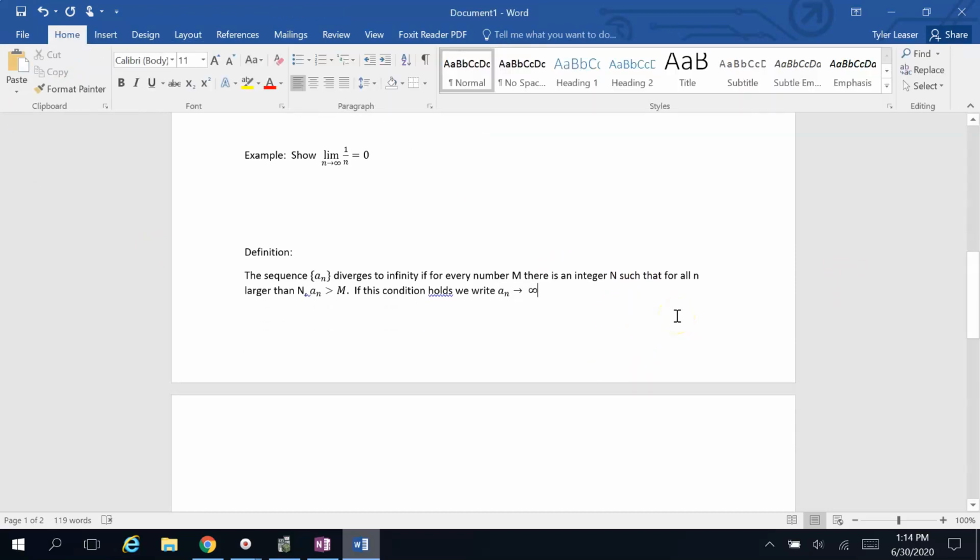And the same would be true for negative infinity. It's just that you would change this to a less than instead.